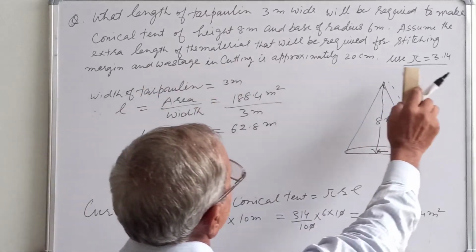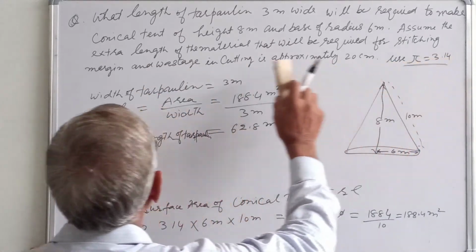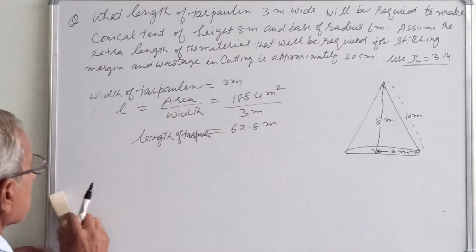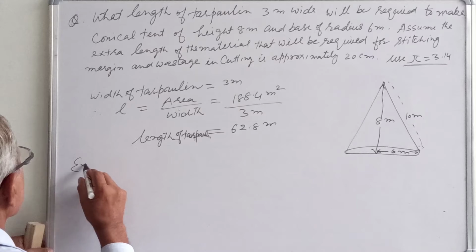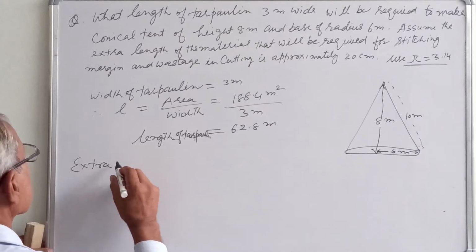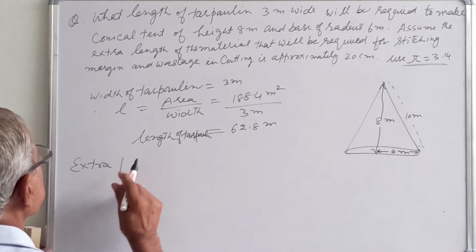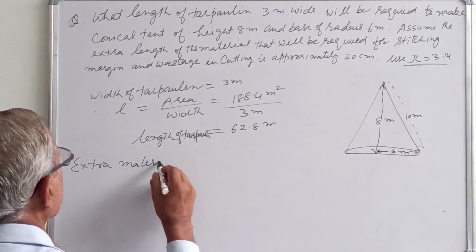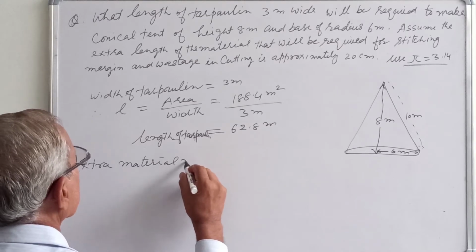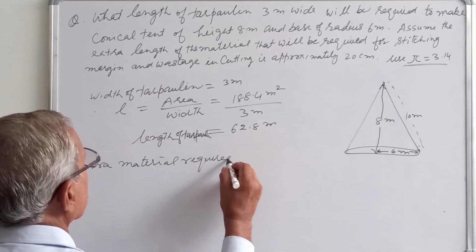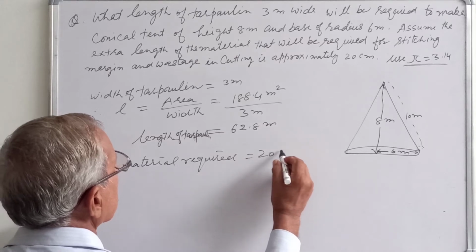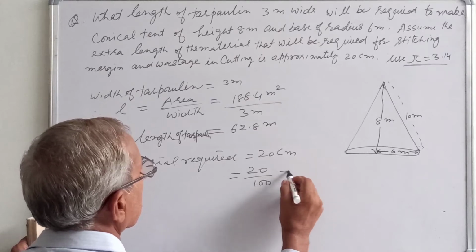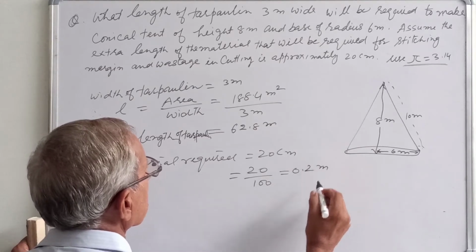And in the question you are given the extra length of the material required. Extra material required is 20 centimeter. 20 divided by 100, 0.2 meter.